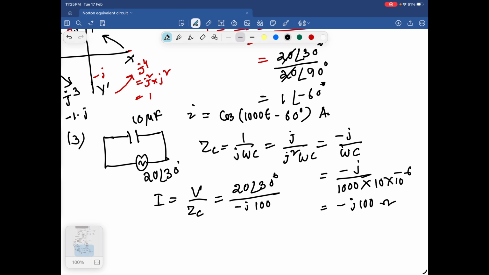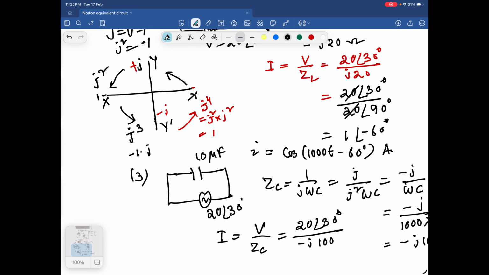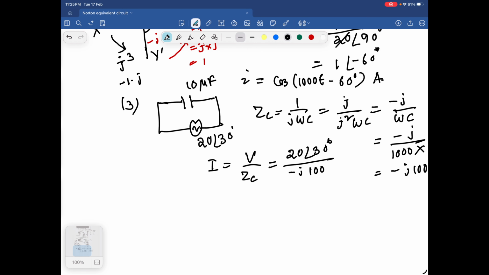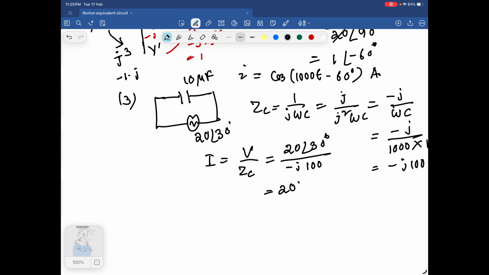Minus j means minus 90 degree, and this is plus 90 degree. So directly I can write it as 20 angle 30 degree divided by 100 angle of minus 90 degree.